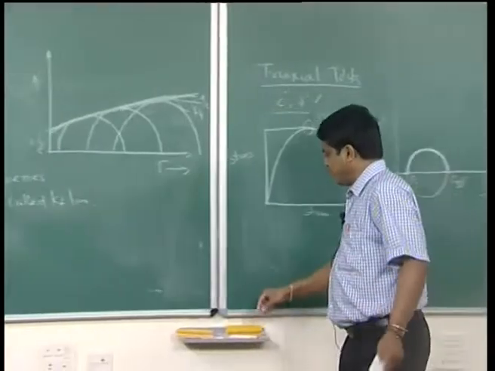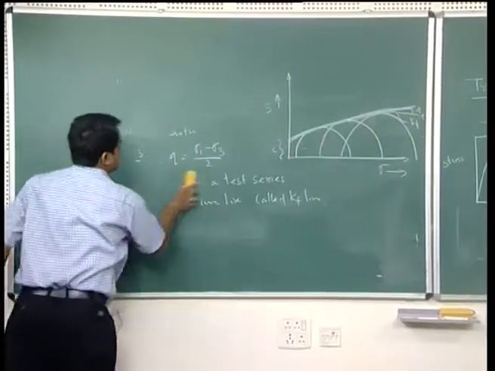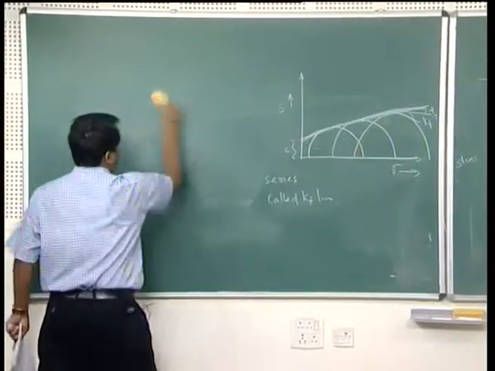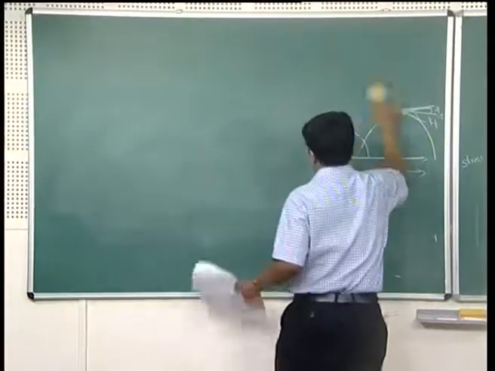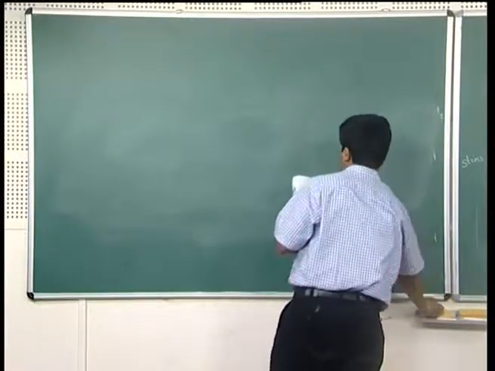Now, we will go to the next part, which is the relationship between the KF line and Mohr's failure envelope.